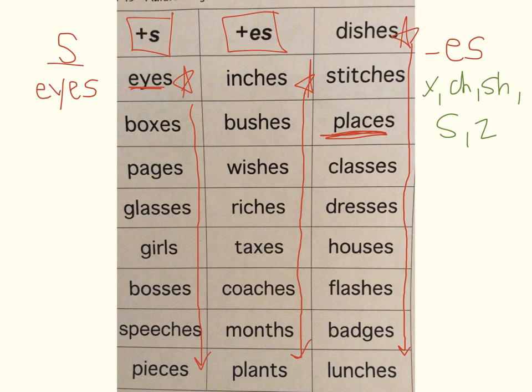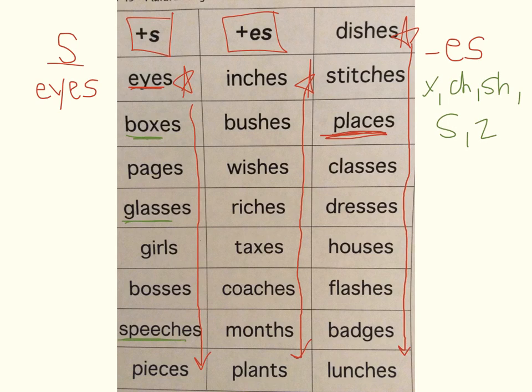Now the words that are ending in ES, that end in X, CH, SH, S, or Z, are the words such as boxes. You see box ends with an X, so you're adding ES. Glasses ends with an S, so you're adding ES. Let's see if we can find one for each.